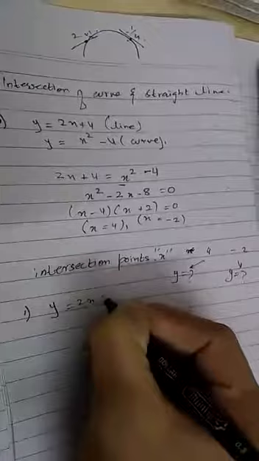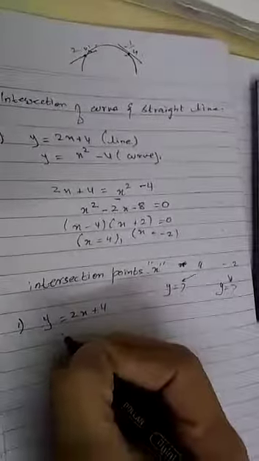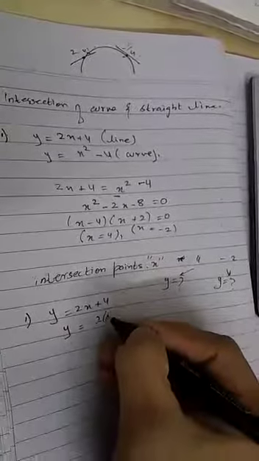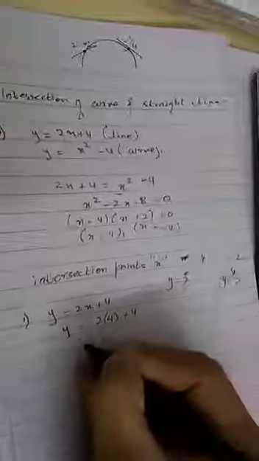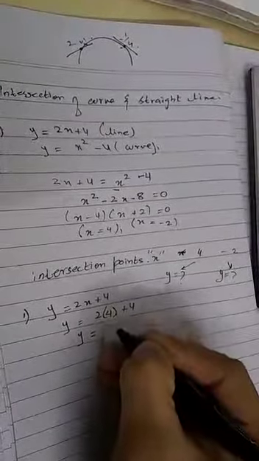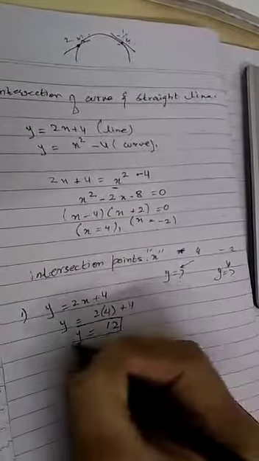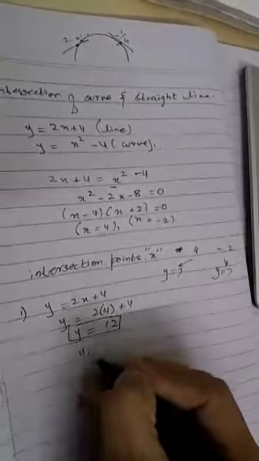y is equal to 2x plus 4, and we have to find y. With x as 4, y is equal to 2 times 4, which is 8, plus 4, 12. We got the first coordinate.